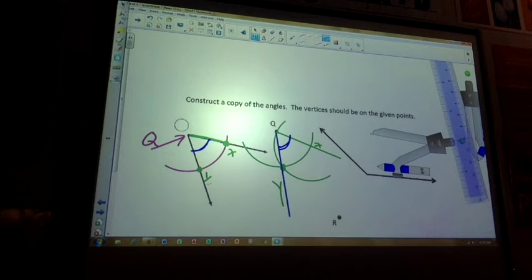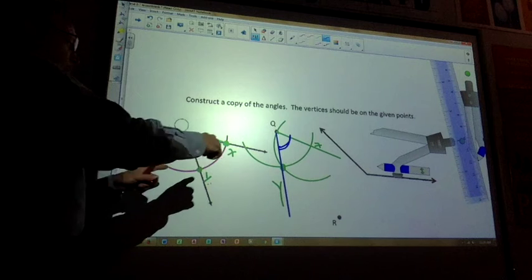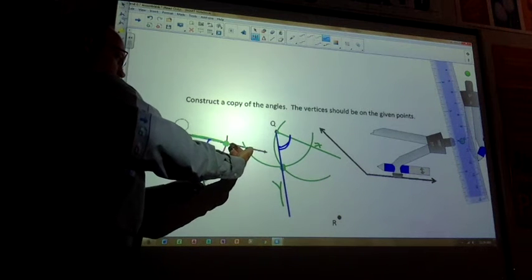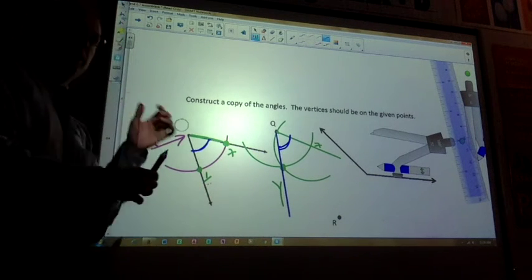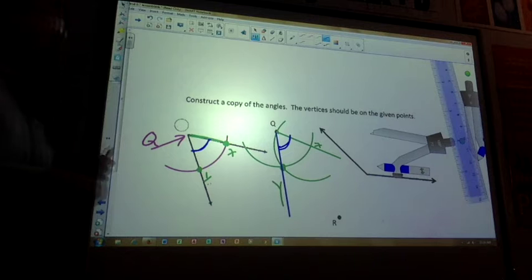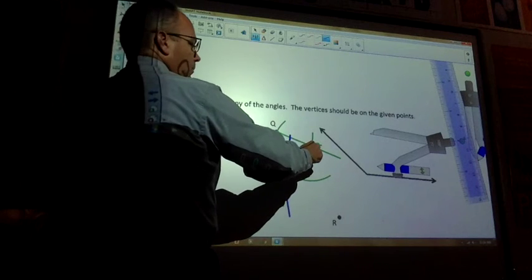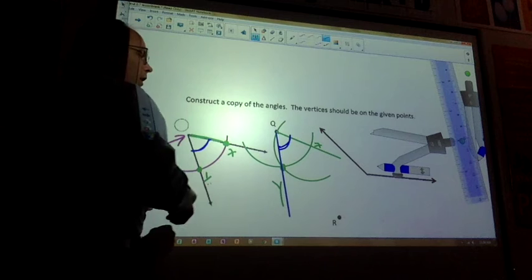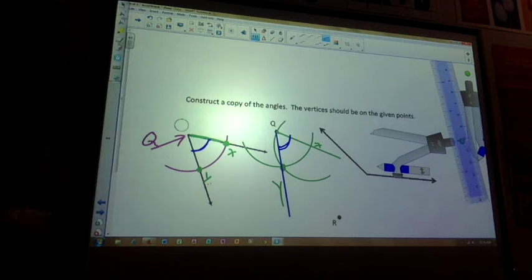From point Q, we drew an arbitrary straight line with our straight edge. Took our compass, put it on point Q, swung a huge arc. Then we came back and measured the distance from X to Y, which was not necessarily the same distance. Put that back on our defined point, swung an arc, and where the two arcs intersect, where two lines intersect, you always create a point.